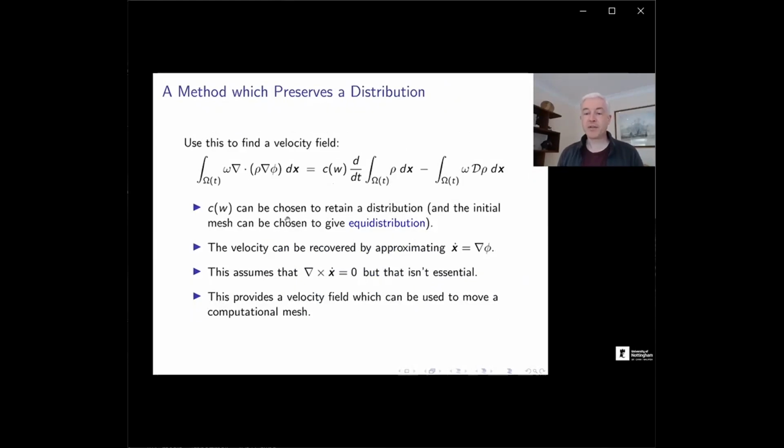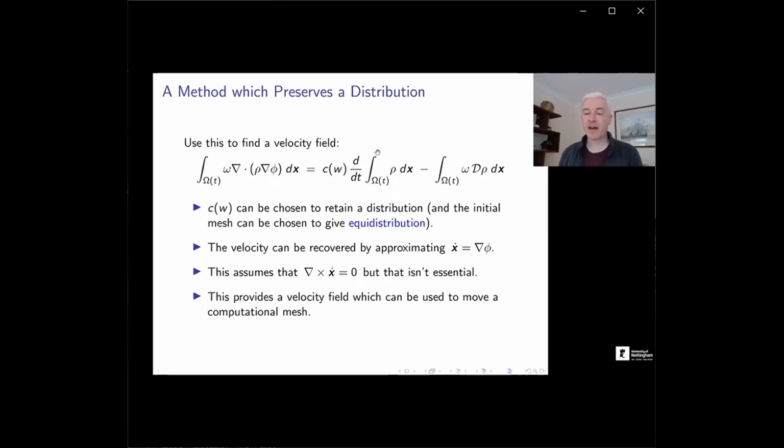What we do though is we use this equation to actually find out what the velocity field is. So we replace our velocity by a velocity potential gradient, and then we replace our time derivative of rho with the differential equation. So here the differential equation is determining the mesh movement.